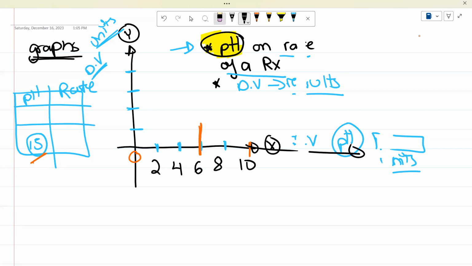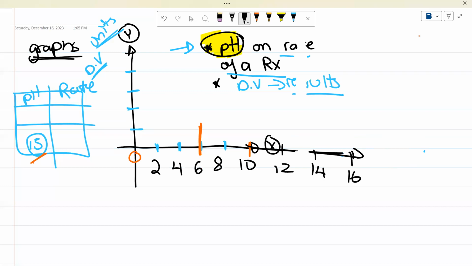Let's make it longer. Okay, of course, you will have a grid that will fit your values. So let's say 10, 12, 14, 16. Very good. My 15 is here. So my 15 is close to the end of the x-axis. And the same for the y. I have to distribute my values so that my maximum value is close to the end of the axis.